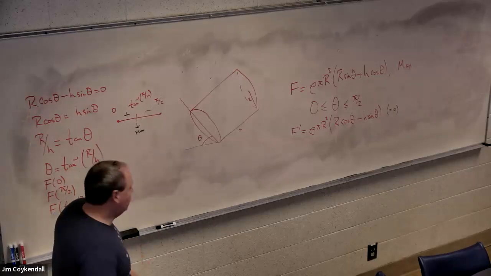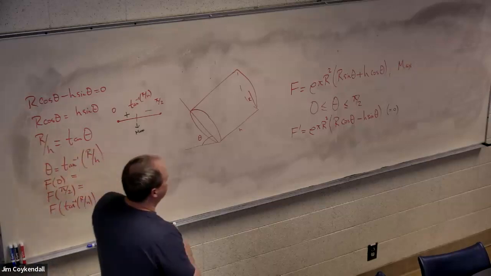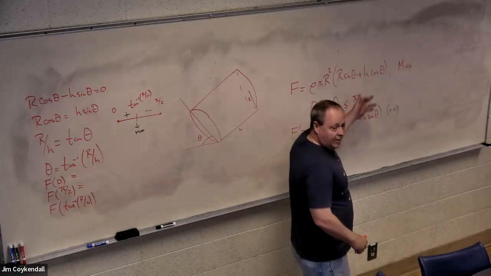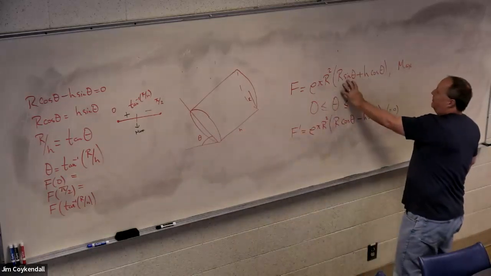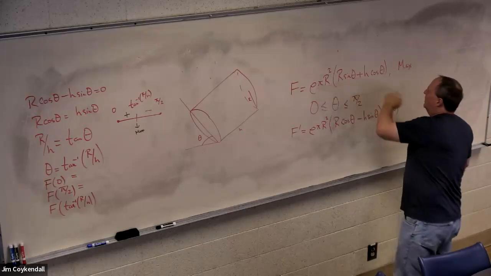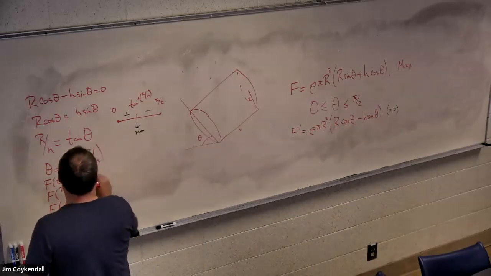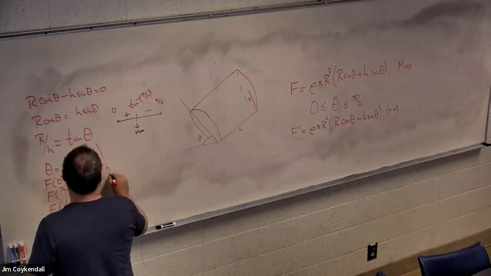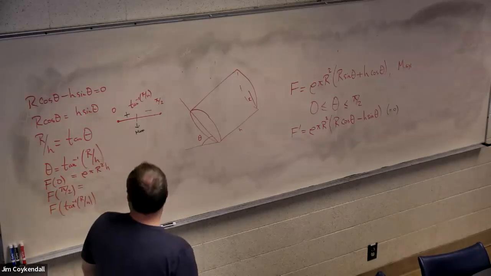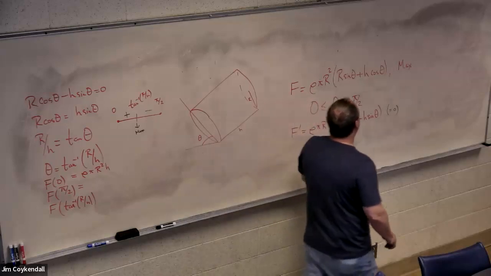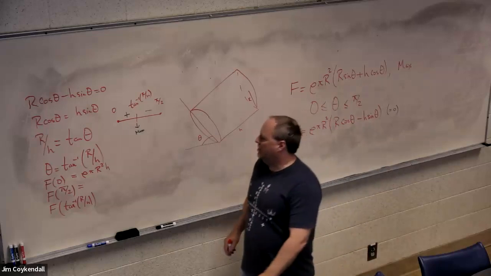But let's see what happens when we plug in. Plugging in 0 and pi over 2 is not too difficult. When I plug in theta equals 0 into the function, I get rho pi r squared h. When I plug in pi over 2, this bit is dead, and I get rho pi r cubed.